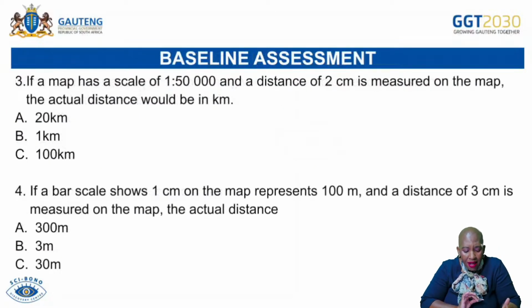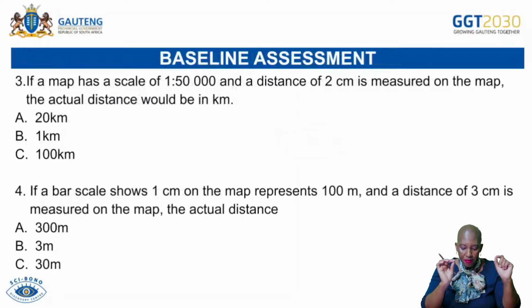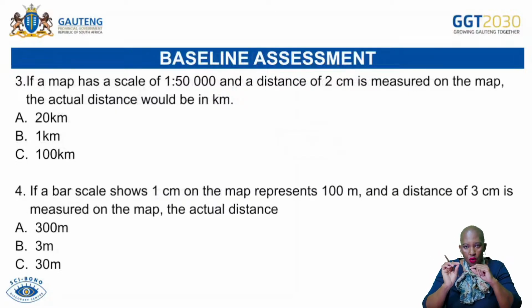Now let's go to number 3. If a map has a scale of 1:50,000, and a distance of 2 centimeters is measured on the map, meaning on paper, remember the map is on paper, and the actual distance would be equal to what, in kilometers?